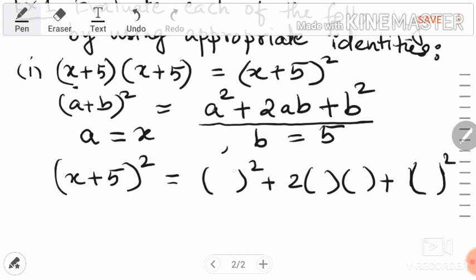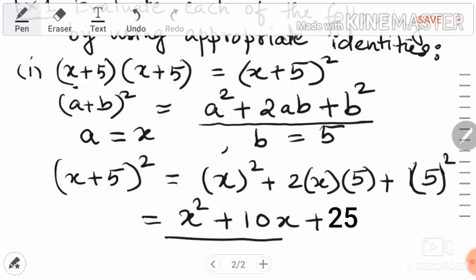Now we can substitute a and b. So in place of a, let's substitute x. In place of b, 5. Now simplify. X square plus 10x plus 25. In 2 steps we get the expanded form.